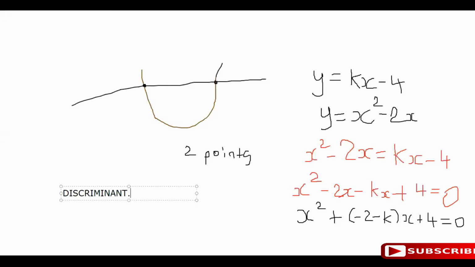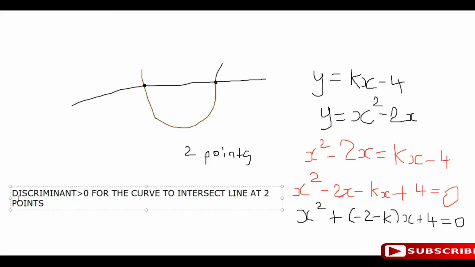The discriminant must be greater than 0 for the curve to intersect the line at 2 distinct points. That's the only way.